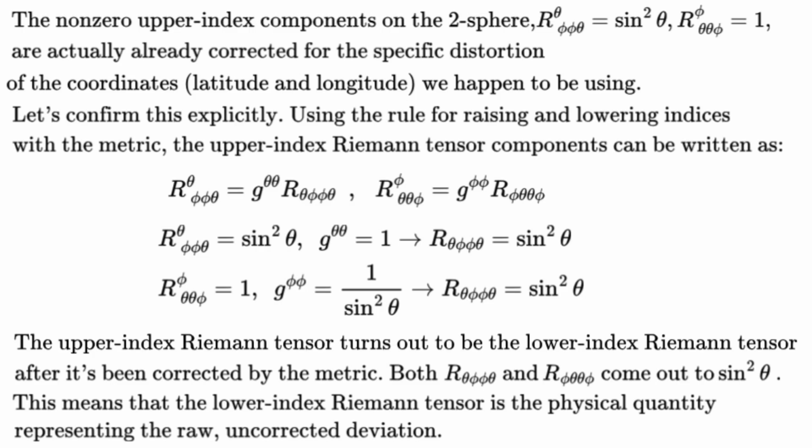The upper index Riemann tensor turns out to be the lower index Riemann tensor after it's been corrected by the metric. Both R theta phi phi theta and R phi theta theta phi come out to sine squared theta. This means that the lower index Riemann tensor is the physical quantity representing the raw, uncorrected deviation.